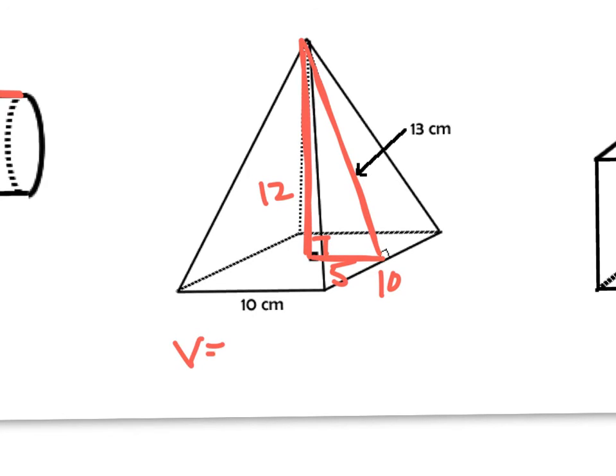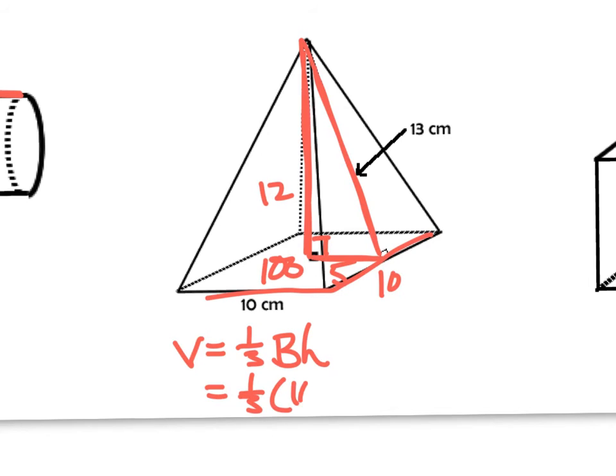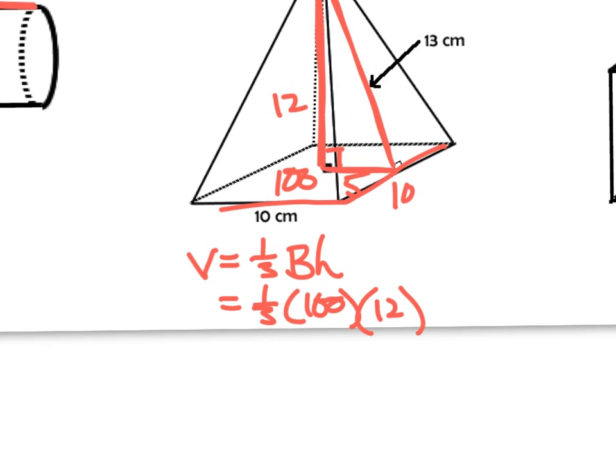Our volume is 1/3 the area of the base times the height. So the area of the base is 10 times 10, so that's 100. And the height we calculated is 12. So multiplying that out, we'll get that the volume is 400 cubic centimeters.